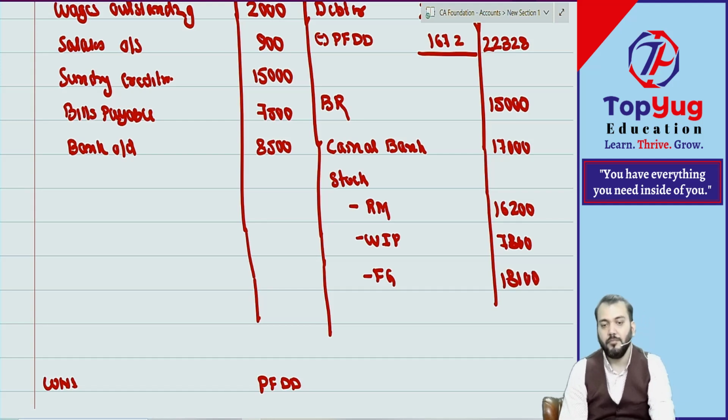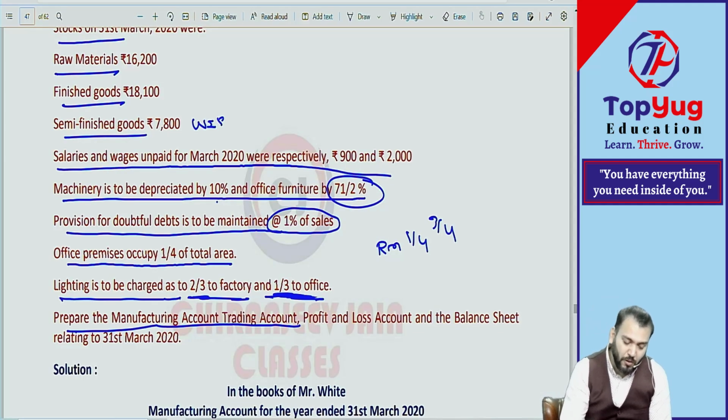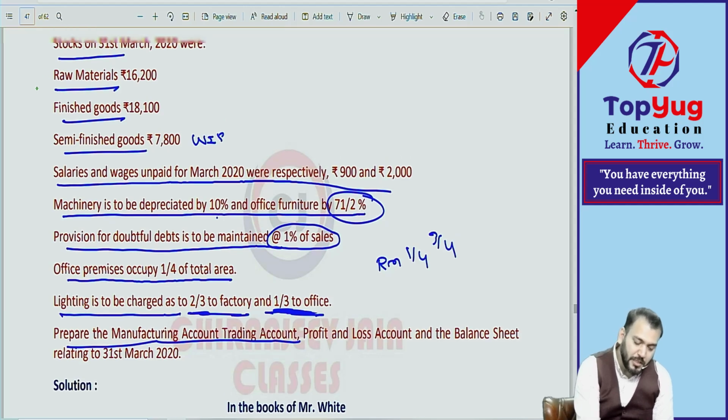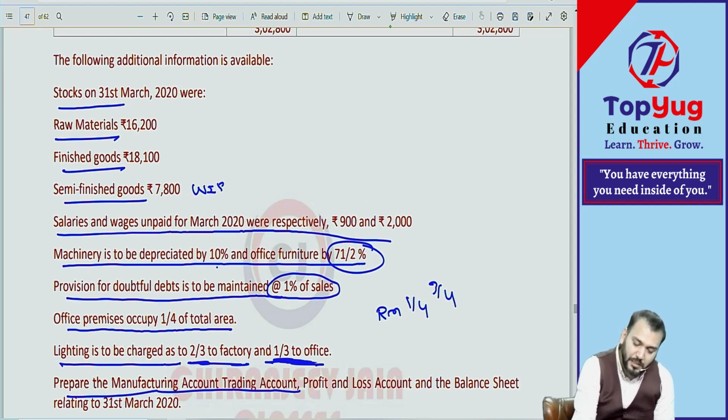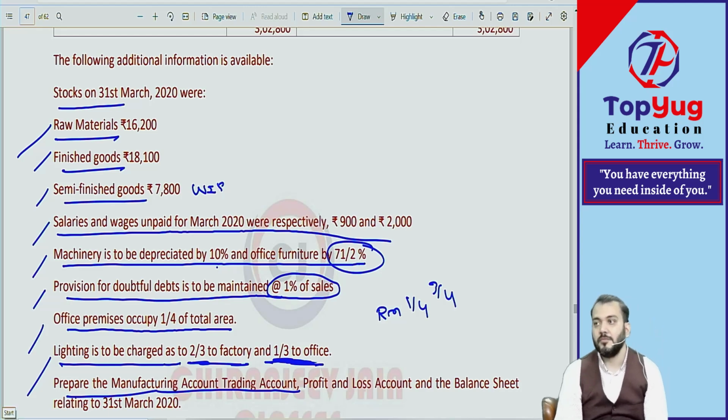Done. Understood? Now just see any adjustment left. Once cross check all the adjustments. This done, this done. Correct now? All done. Now start doing balancing.